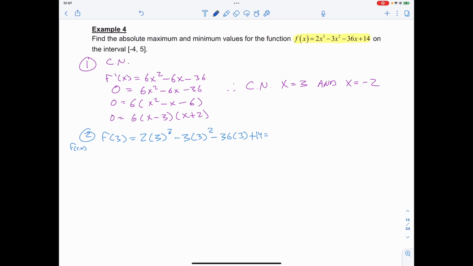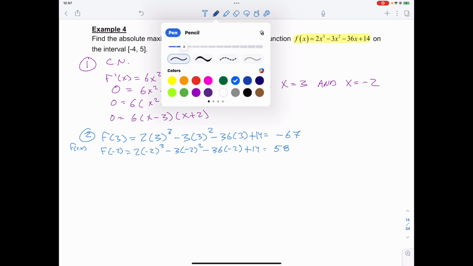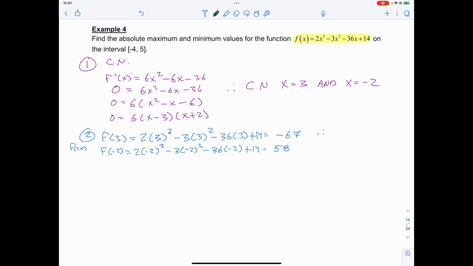And when I plug that all in, I get -67. Or f of -2 is going to equal 2 times -2 cubed minus 3 times -2 squared minus 36 times -2 plus 14, which is going to give me 58. So I have the point of 3 and -67. I have the point of -2 and 58.